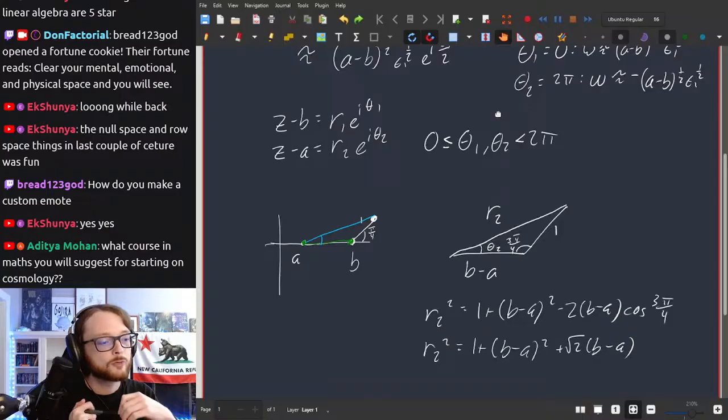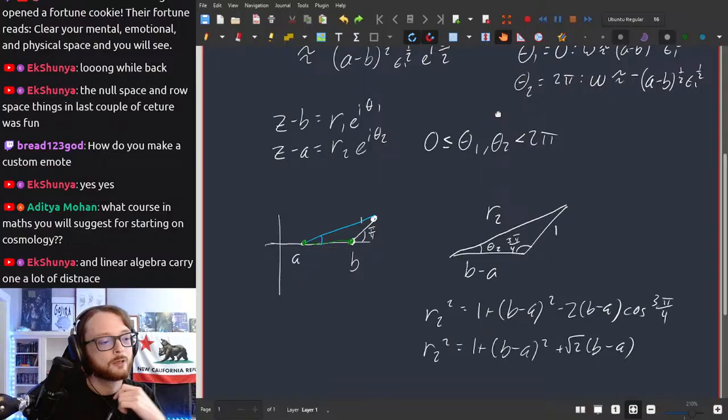What course of maths would you suggest for studying cosmology? Ooh, I haven't studied cosmology, so I'm not sure exactly. I would love to study it someday. What is good for cosmology? I'm thinking calculus and differential equations are good for the physics of planet orbits and stuff like that. But I'm thinking there's also, you need to learn about light and redshift and blueshift and stuff like that, and I don't know what bucket that would fall under.